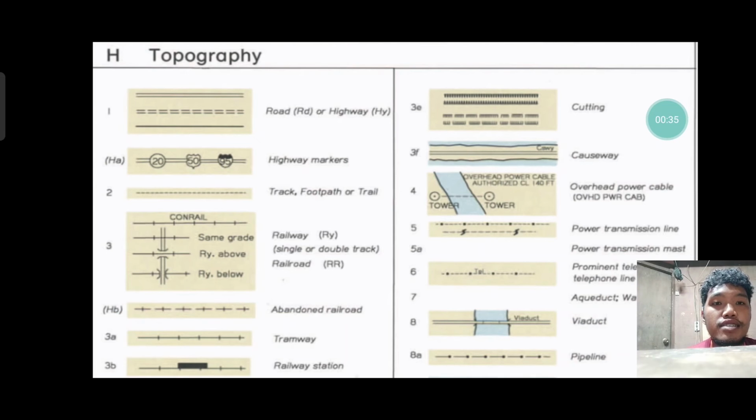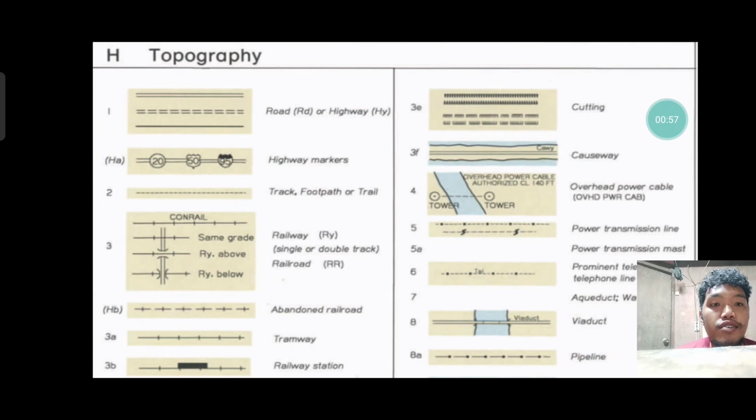The next is for the railway. This may be single or double track or a railroad. So the next is this abbreviation for HB or the abandoned railroad. The next is the tramway. This line with dashes in the middle.